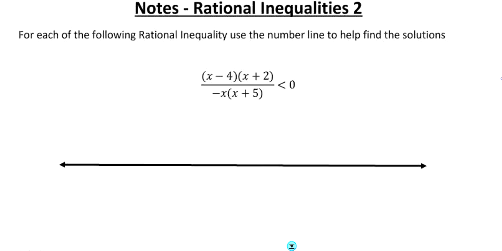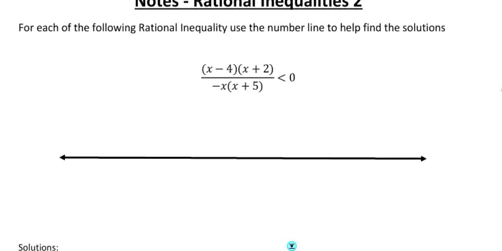Just like we did with graphing rational functions, we need to find our x-intercepts and our vertical asymptotes. Our x-intercepts are going to be from the numerator. So I have two x-intercepts.